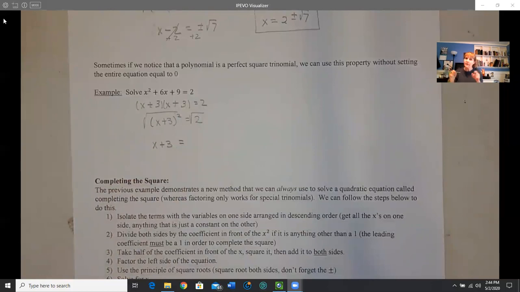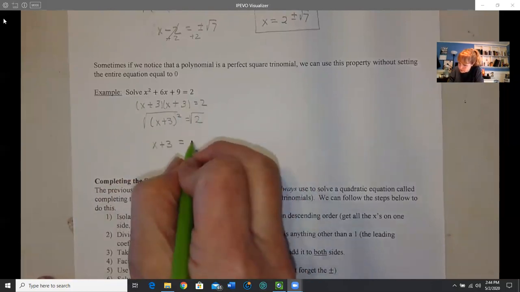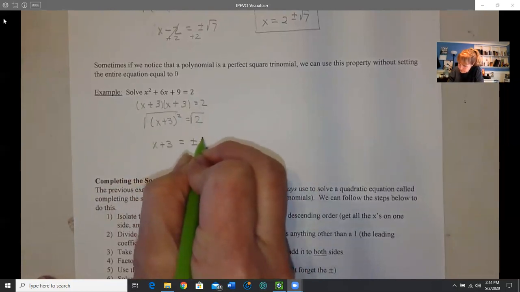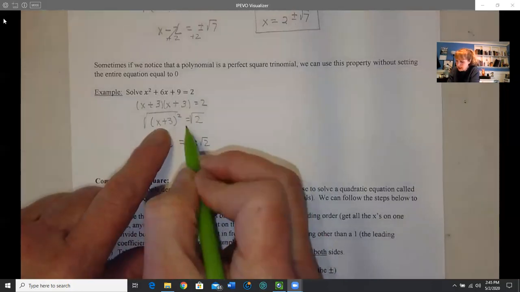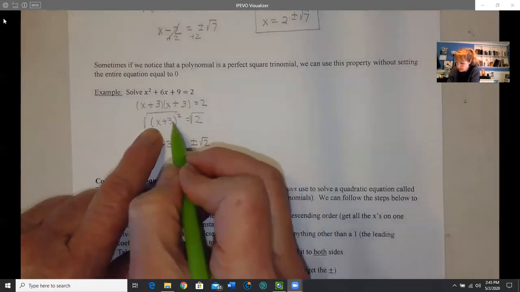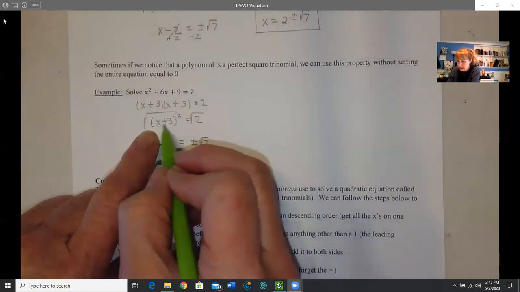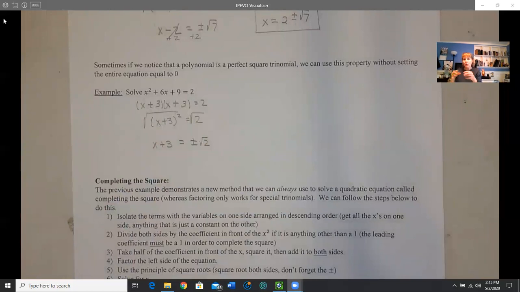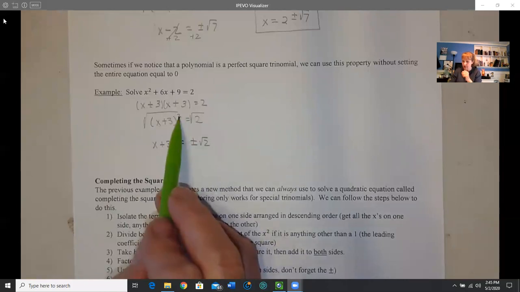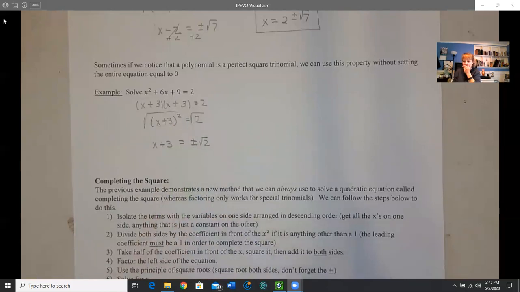And we're going to have plus or minus the square root of 2. Because this can be a square root of 2 and square it, and you can put a negative square root of 2 and square it. Because of the squared, whether it's positive or negative, you're going to end up with the same answer. So that means you can have plus or minus.